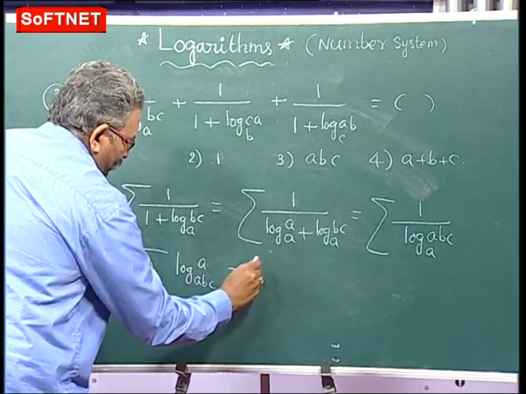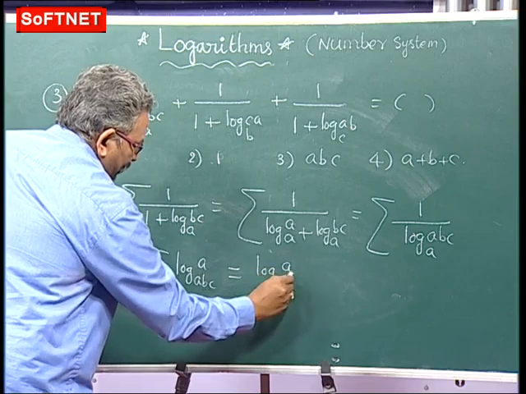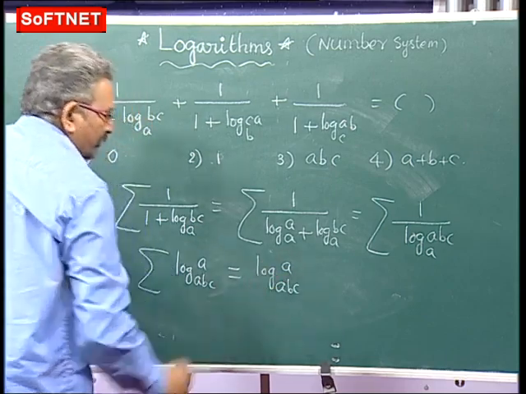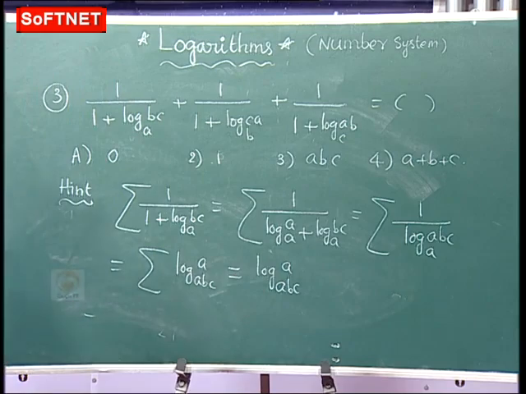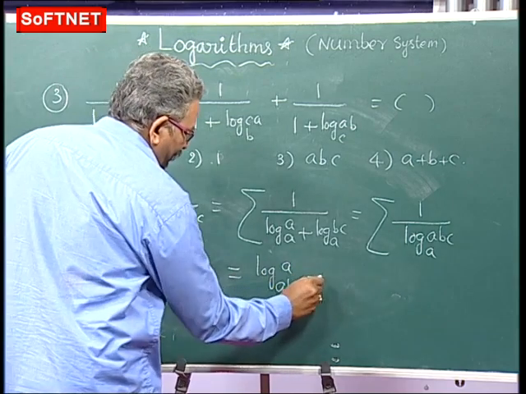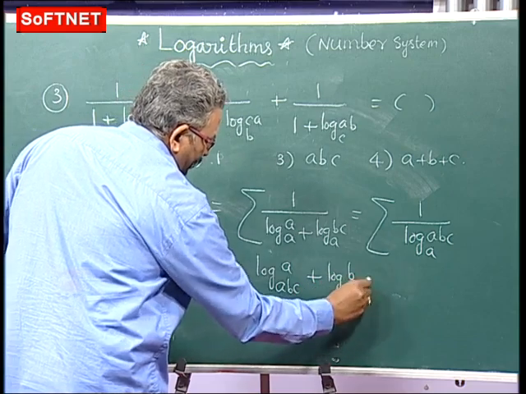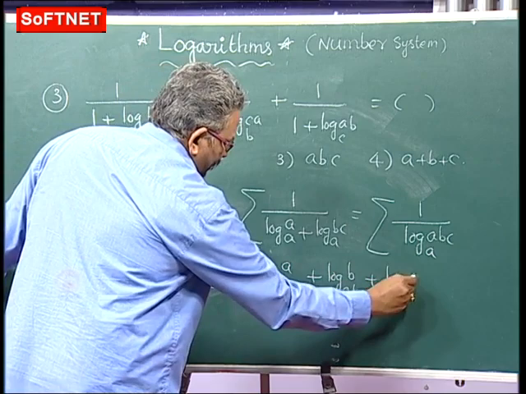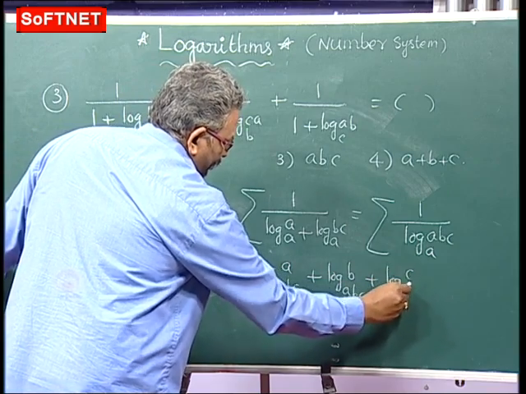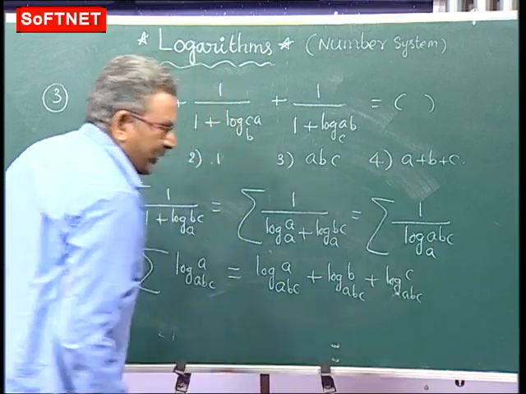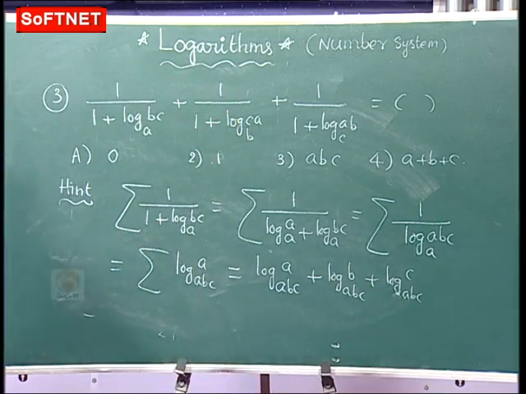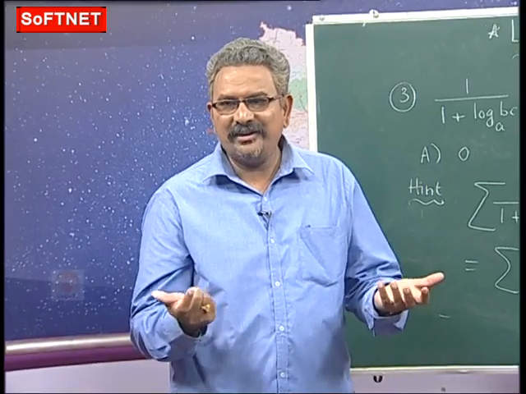Now this can be rewritten as log A to the base ABC, plus log B to the base ABC, plus log C to the base ABC. So let us think, can we write this as a single logarithm?